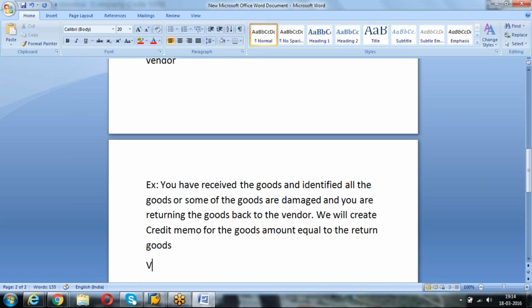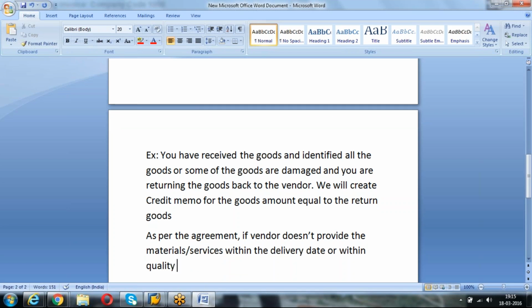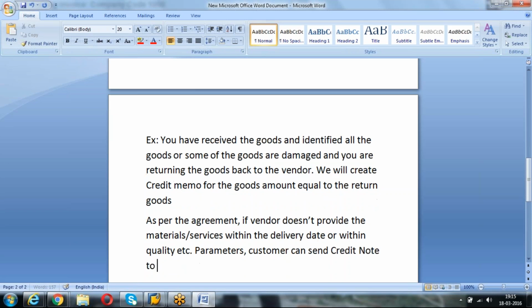And also, as per the agreement, if the vendor doesn't provide the materials or services within the delivery date or within quality etc. parameters, the customer can send a credit note to the vendor to pay the penalty.